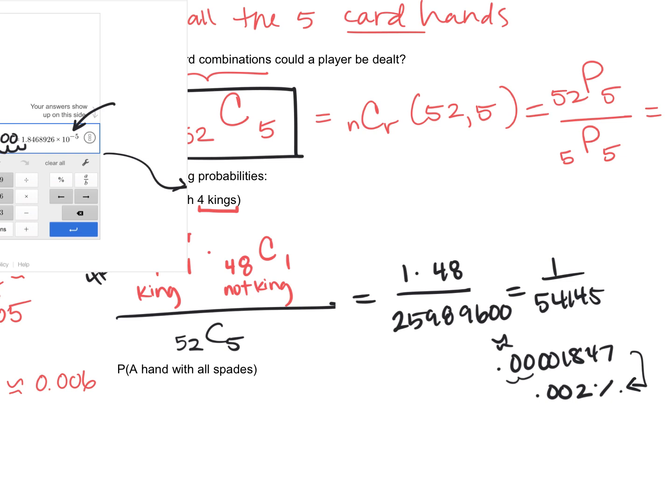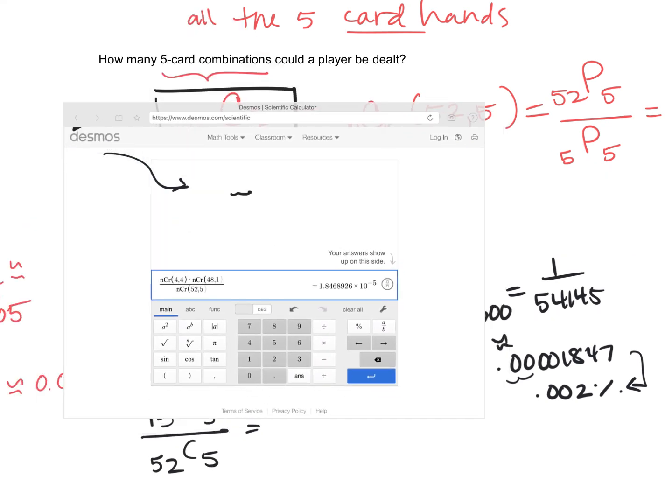So then looking at the next one, the probability of a hand with all spades. So we know that the spades are what we're looking at. There's 13 of those, and we're going to choose 5, and that's all 5 of my cards. So we're going to take that divided by the possible 5-card hands. And again, if I bring my calculator out, we'll go to that next one.